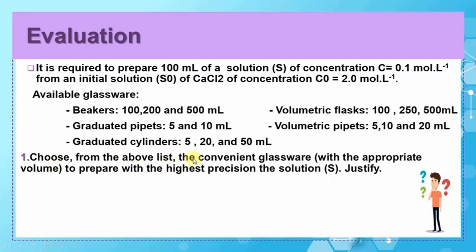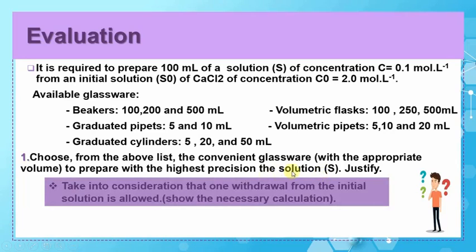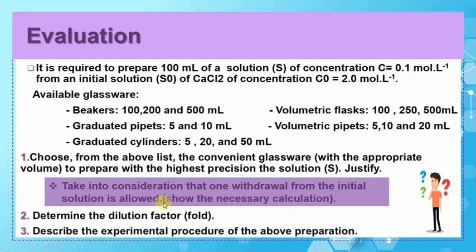Choose from the above list the convenient glassware with the appropriate volume to prepare with the highest precision the solution, as justified. Take into consideration that one withdrawal from the initial solution is allowed and you have to show the necessary calculation. Second, determine the dilution factor and then describe the experimental procedure of the above preparation. Dear students, pause the video to solve this exercise.